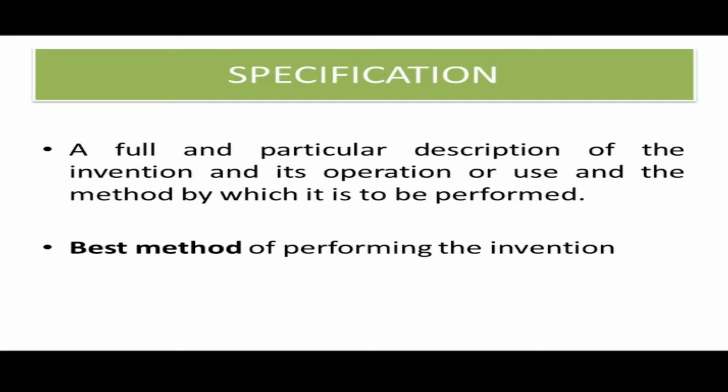Best method is the most comprehensive method. It need not be always the easiest method. The easiest method may not be the best method. Best should be all covering and comprehensive. It should be most efficient. All these things should come in when we speak of something as the best. It need not be always the easiest.